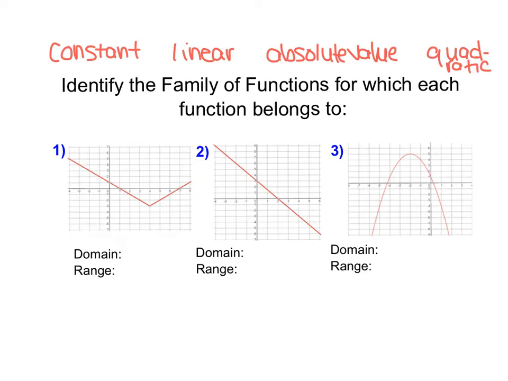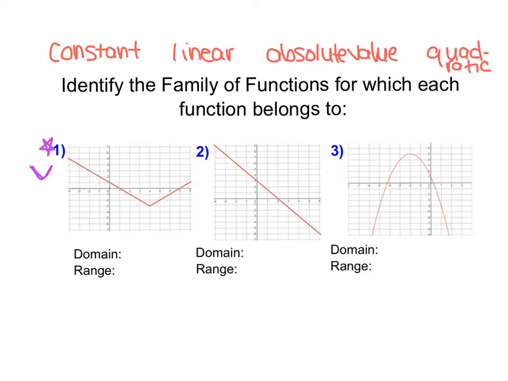So it will be helpful to have your notes out for this particular lesson because you're going to need to look at those parent function graphs and determine which family function these graphs belong to. So if I focus here on number 1, what I notice about this particular graph is it's shaped like a V. And if I look at my parent function graphs, there is a parent function that's shaped like a V, the absolute value function.